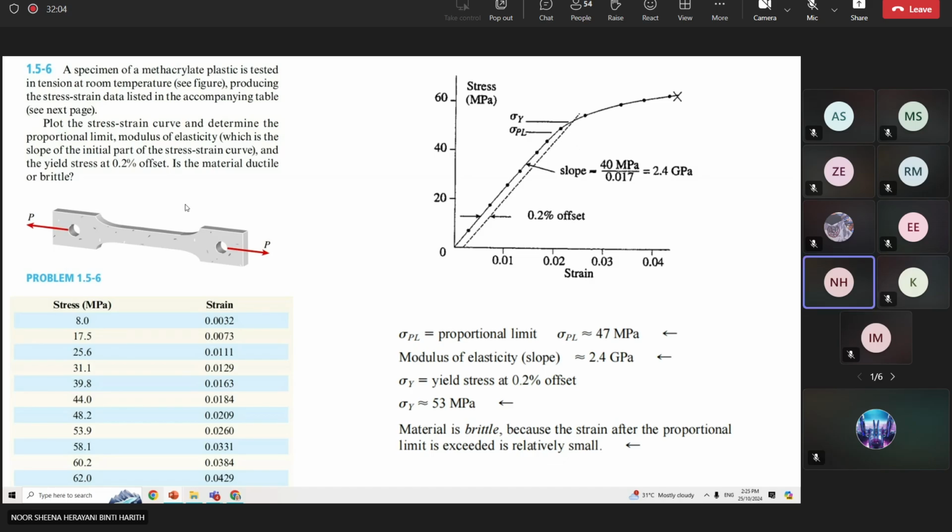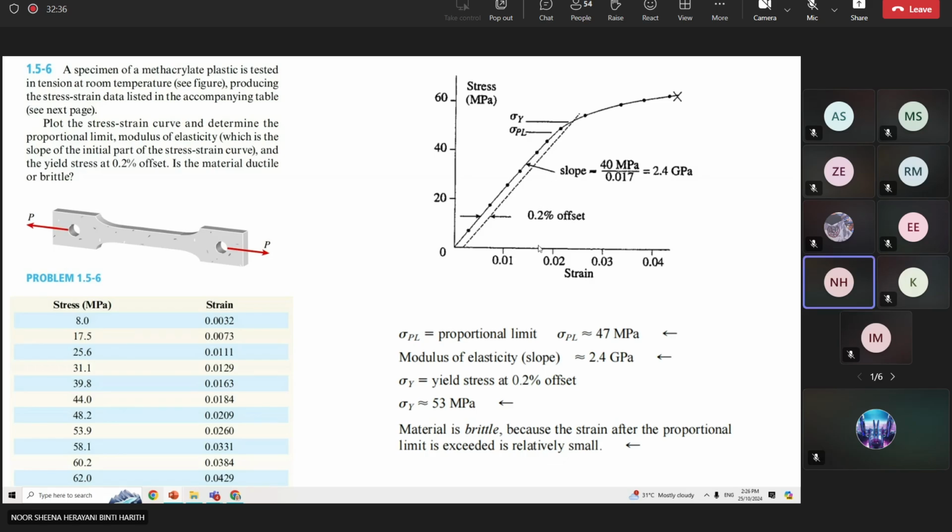To calculate the modulus of elasticity, E equals stress divided by strain. From here you can put any triangle. So you calculate 40 megapascal minus 0, over 0.017 minus 0, using one big triangle.